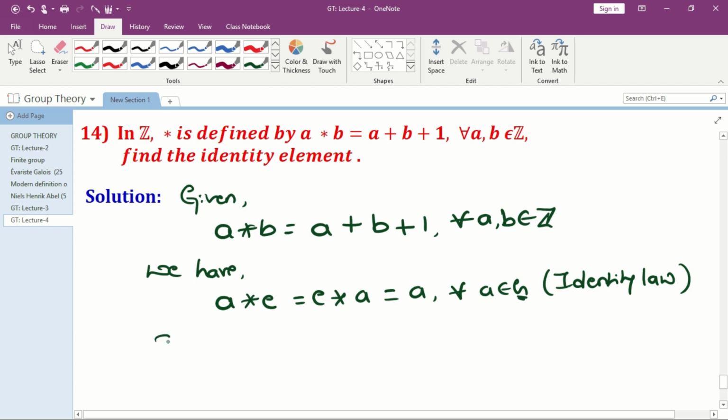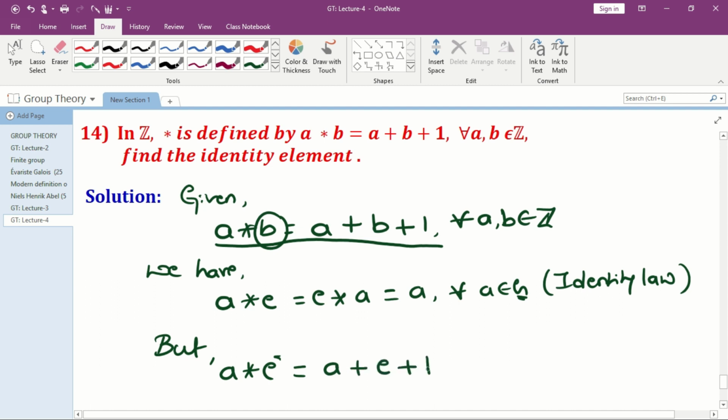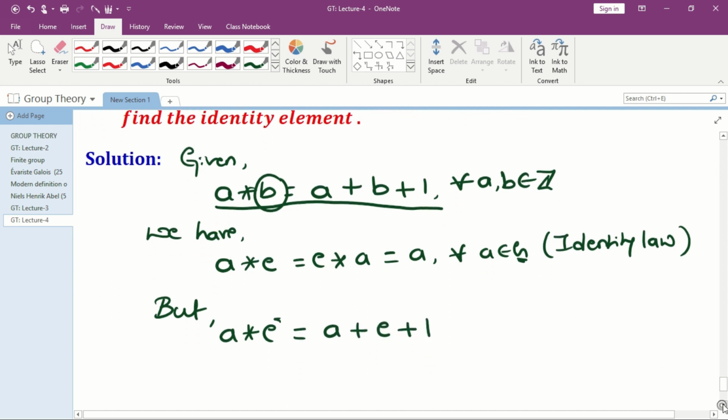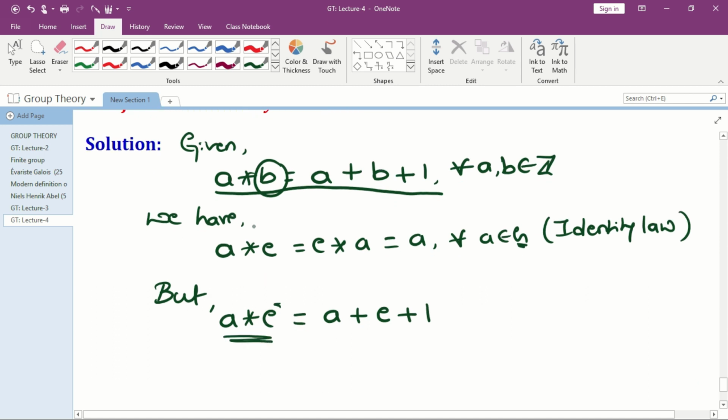But A star E, according to the given, in place of B I have written E. Therefore what happens here? This is equal to A plus E plus 1. But you see left hand side, I have A star E. What is A star E? A star E is nothing but A. This is equal to A plus E plus 1.